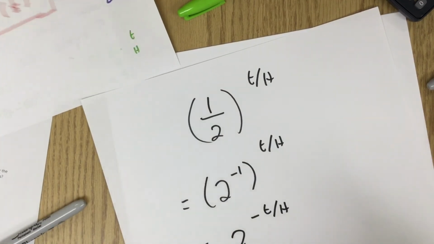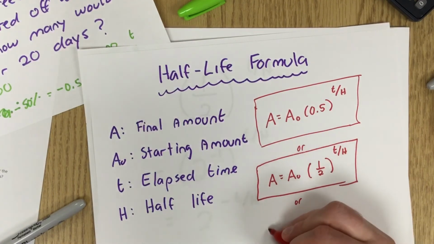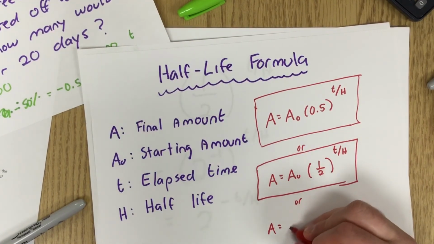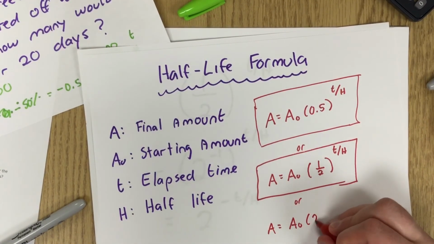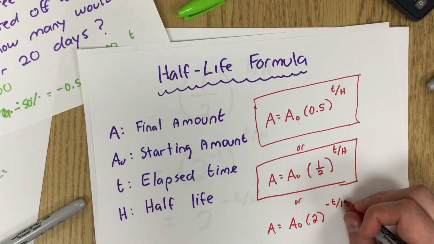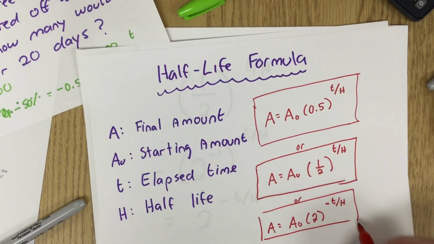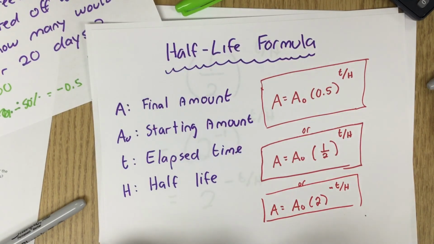So a third way of writing the half-life formula would be A equals A naught times 2 to the minus t over h. And any one of those formulas works.